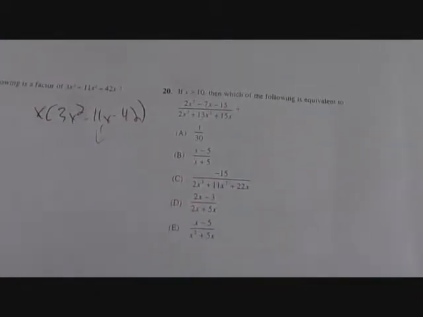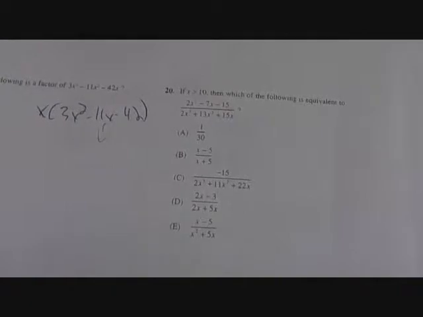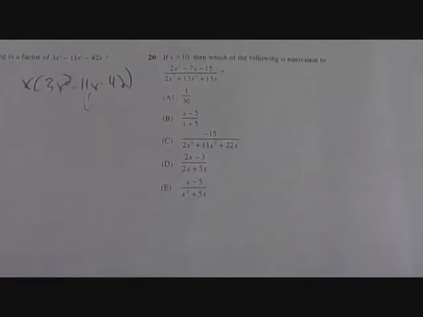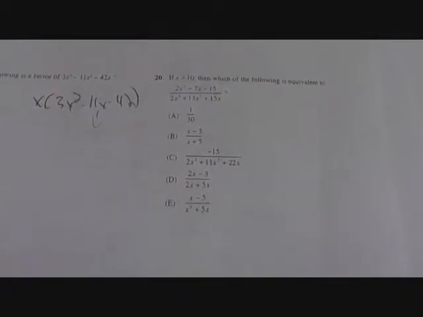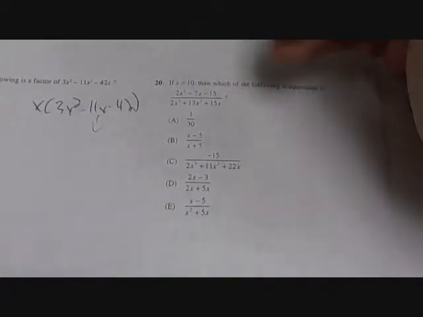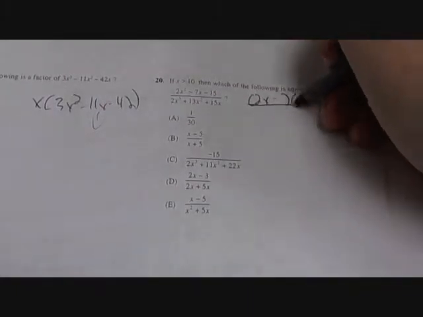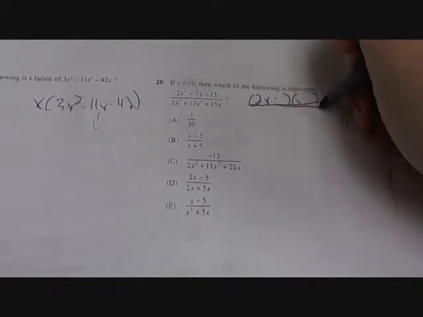Number 20. If x is greater than 10, then which of the following is equivalent to that? Alright, so we have to factor out again. So 2x squared minus 7x minus 15, that's the same thing as saying what? Let's say 2x minus and x minus something.